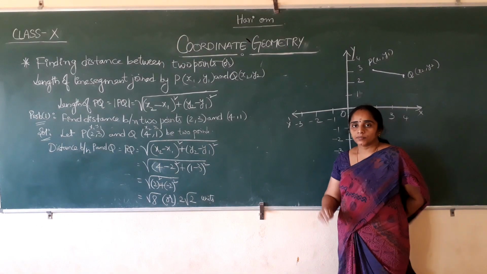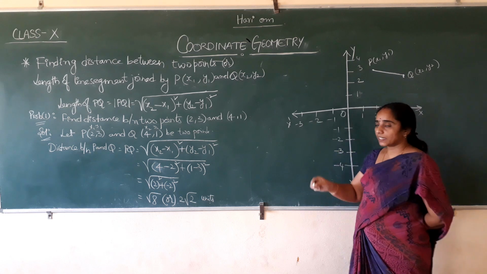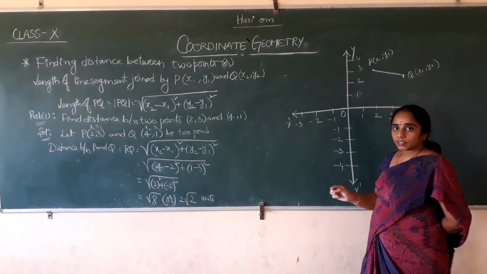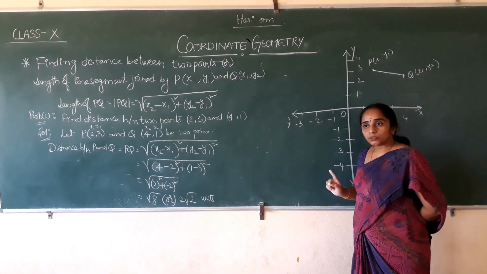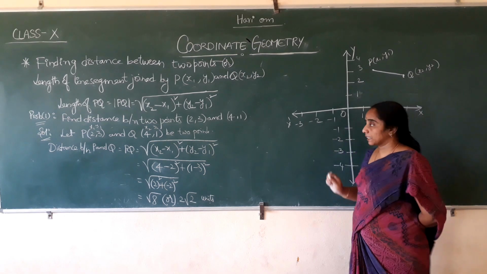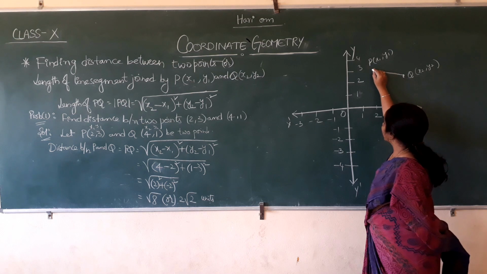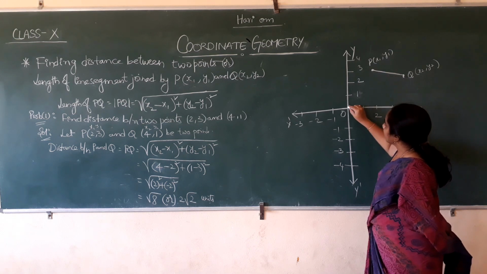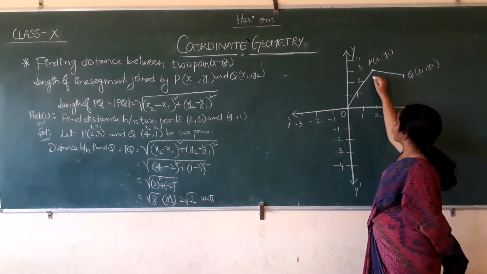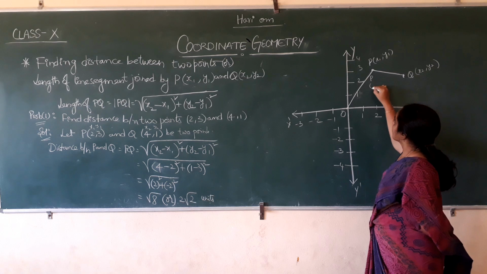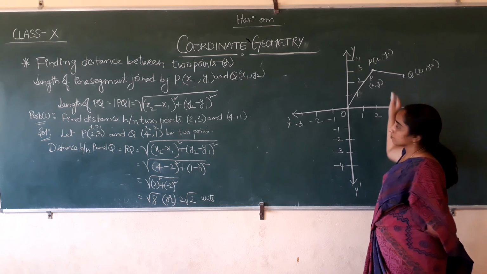Here is one more special case: if a line segment passes through the origin. That means here I have taken P and here it is O, the origin. By joining these 2 points, we get P of (x, y).